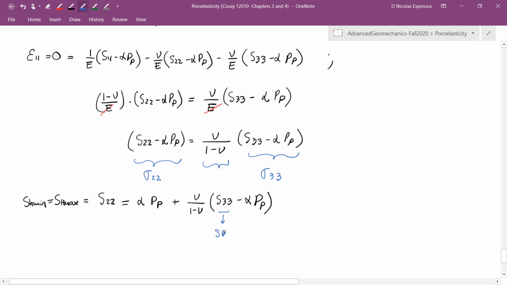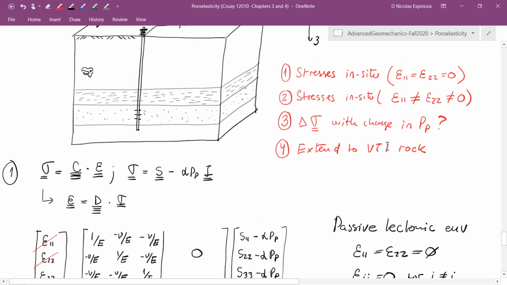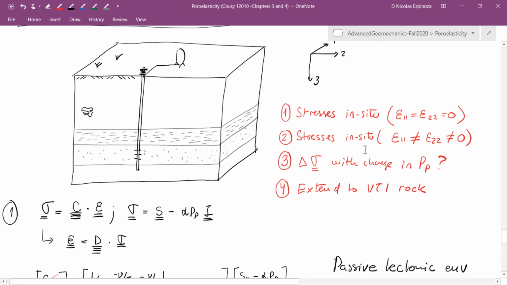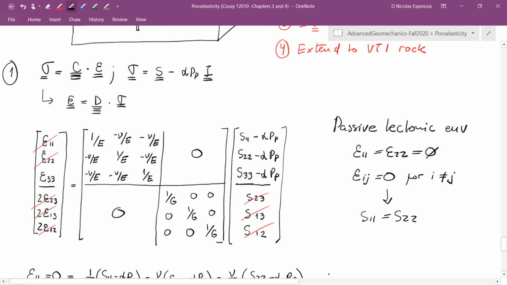All right, so let me save some time and just go ahead and write this equation for the stresses in situ whenever the tectonic strains in direction 1 and direction 2 are not zero. It's just an extension of the same problem, but in this case, these two terms are not going to be zero.